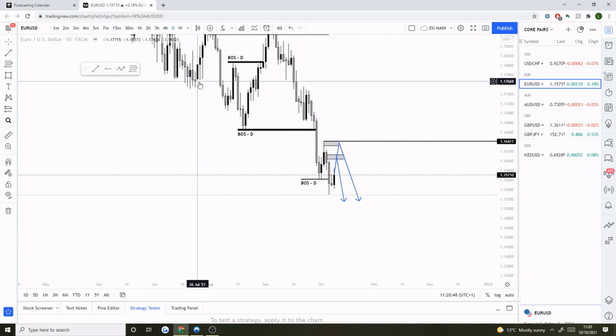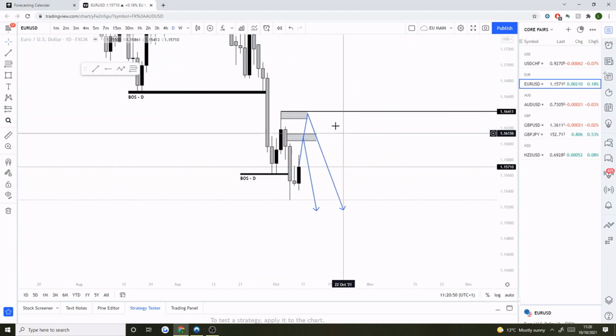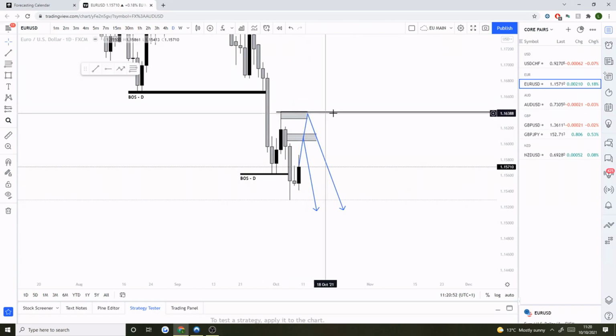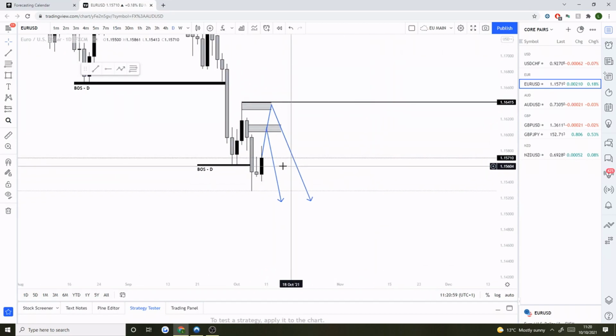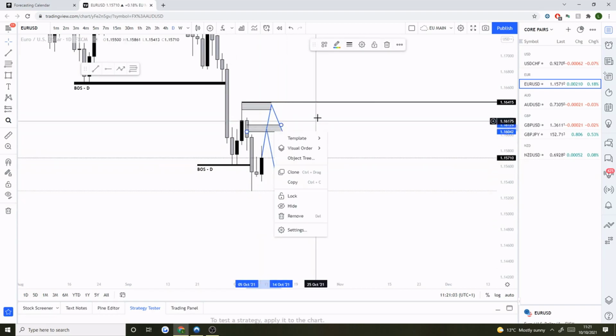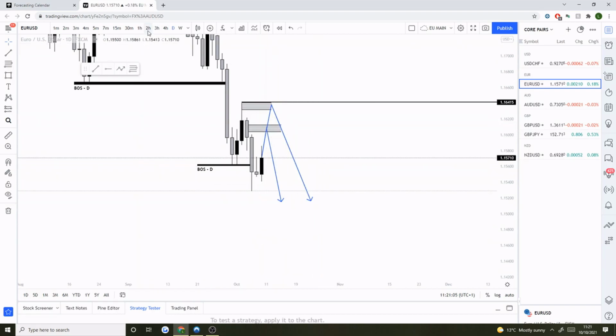So in terms of the daily structure itself, this line here, so the top of this candle, that's our daily high at the minute, and we've got our daily low down here at the bottom of this candle. So I'm really thinking, where could price come from? Where could price continue from to go lower?